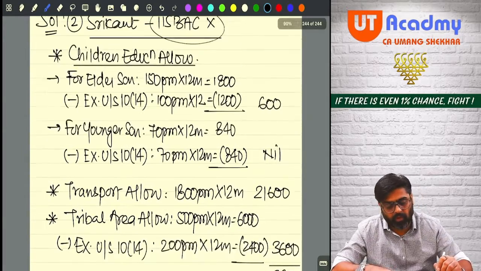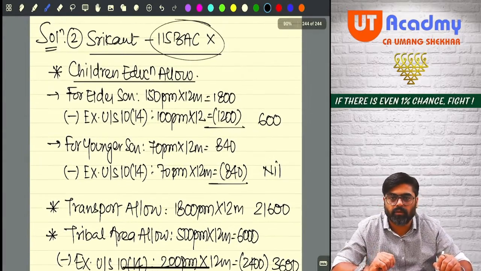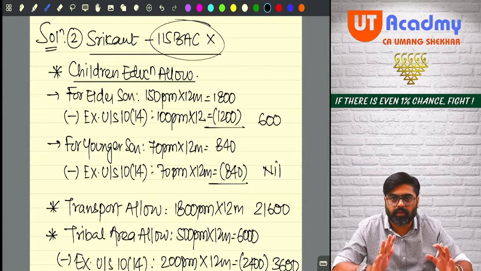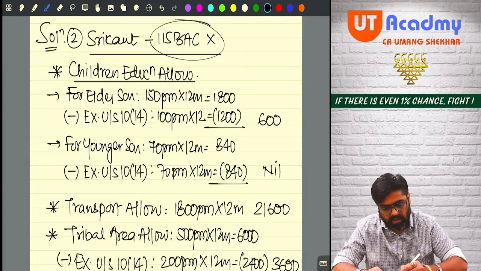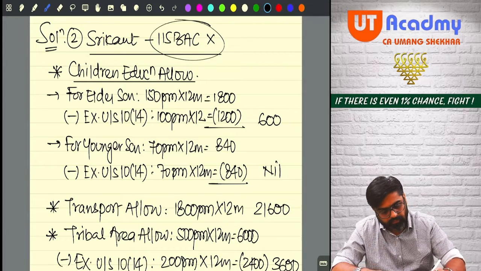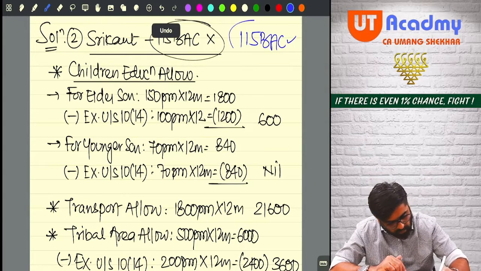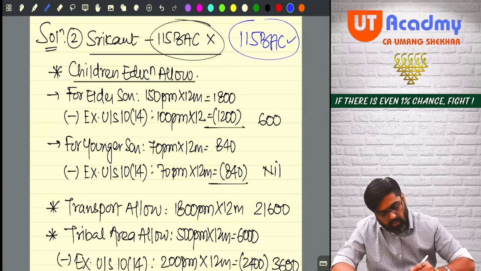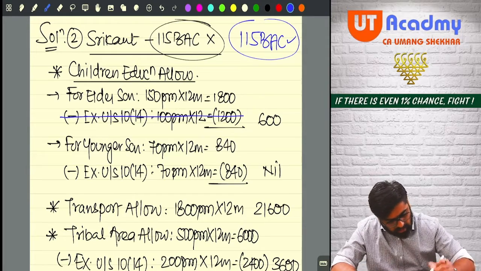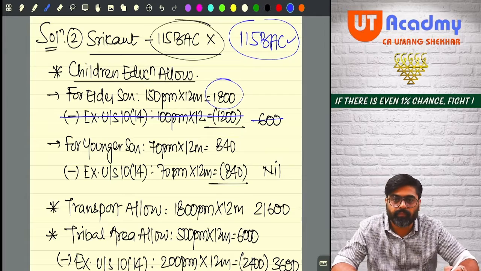Now, if he follows 115BAC, will he get exemption for children education allowance? No. In that case, please pay attention here. Now, blue color, 115BAC is followed. Then this exemption will not be available. Then the entire 1800 will be taxable.